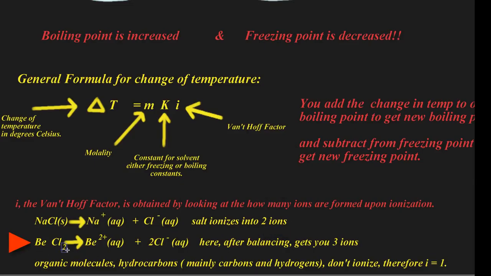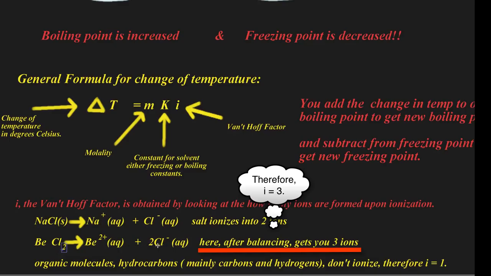Beryllium chloride here, what it does is it ionizes into 1 beryllium, but to balance out this little 2 in the box here, we need 2 chlorides. So we would write a balanced ionization equation, and here there's 1 cation, beryllium, and 2 chlorine ions.